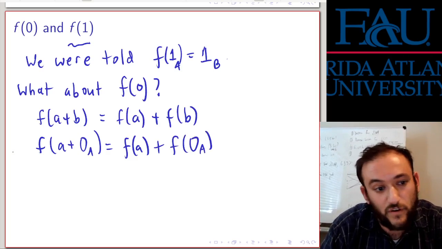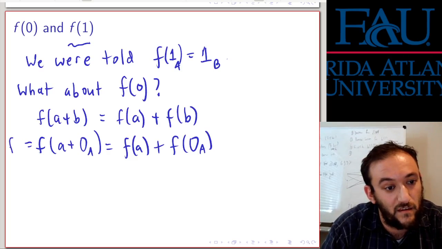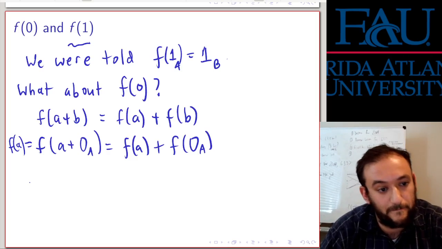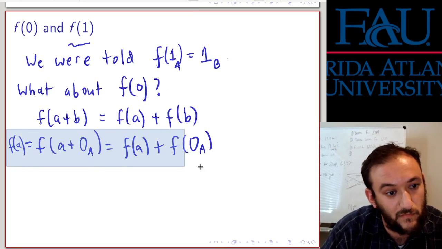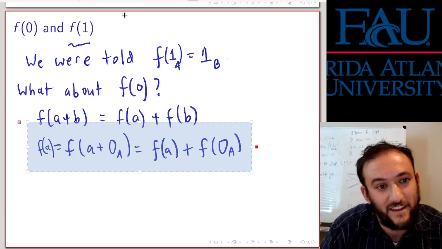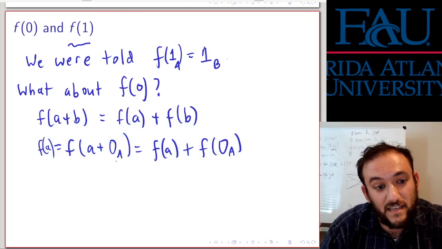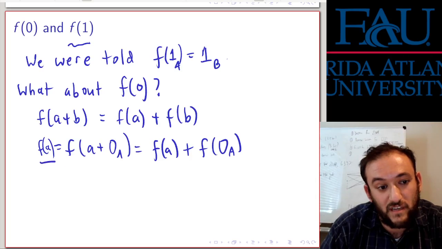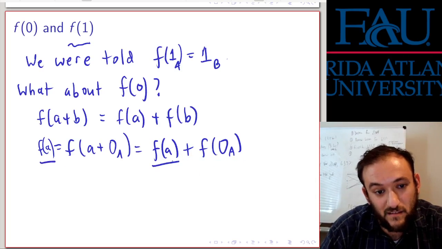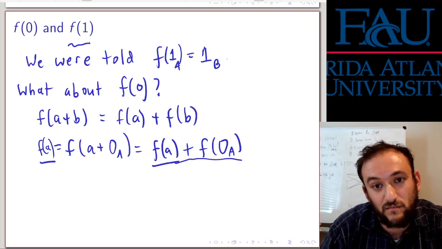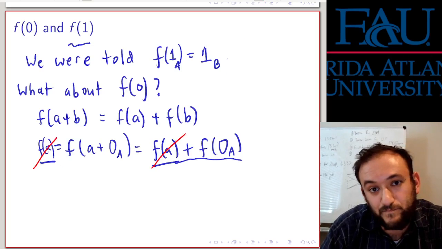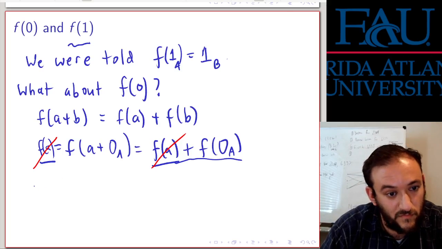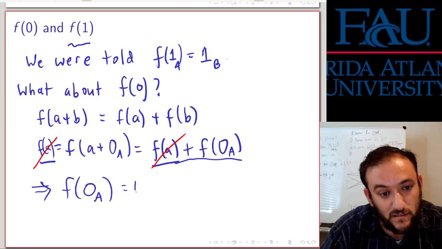But if I do the addition first, that's just equal to f of a, right? So because this is equal to this, we can cancel the f of a's to obtain f of 0_A equals the 0 element in B.